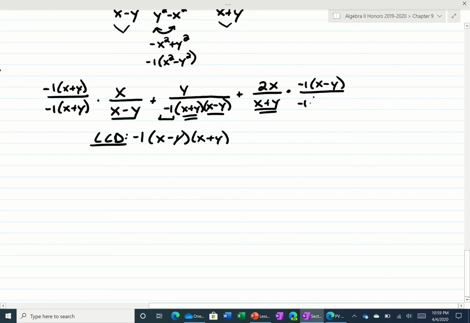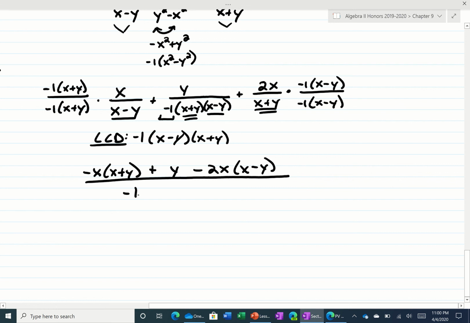It's kind of messy, but I don't think this is hard math. You guys could handle this. So combining all this, it's going to be -1 times x plus y plus 2x times -1 is -2x times x minus y all over common denominator of -1 times x plus y times x minus y.